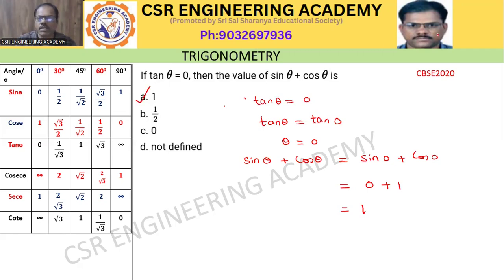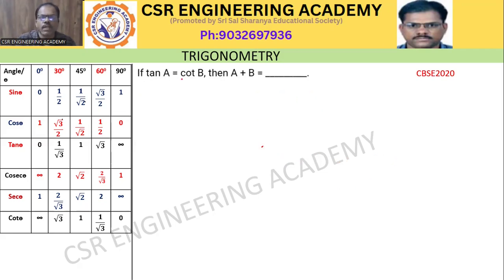Option A. If tan A is equal to cot B, then A plus B is equal to: tan A is equal to cot B. Tan 30 degrees is equal to 1 by root 3, which is equal to cot 60 degrees, which is equal to 1 by root 3.